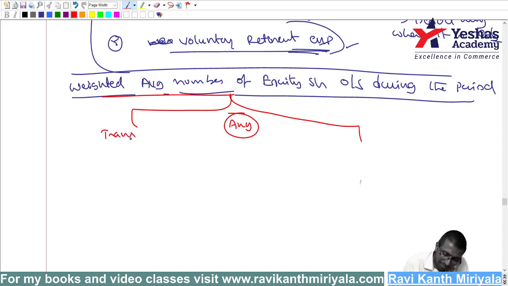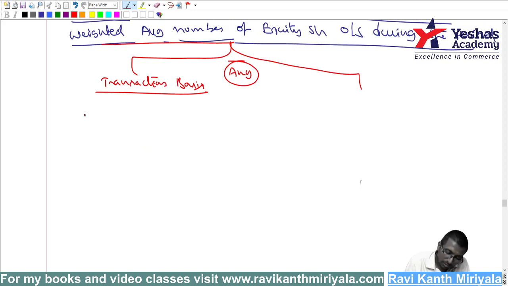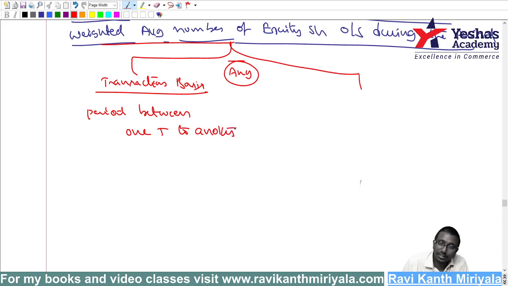First method: transaction basis. In this case, we calculate the period between one transaction and another. Suppose on 1/4 we have some number of shares, on 30th 6 we issued some more, on 30th 9 we bought back some. Now the gap will be calculated from one transaction to the year end.